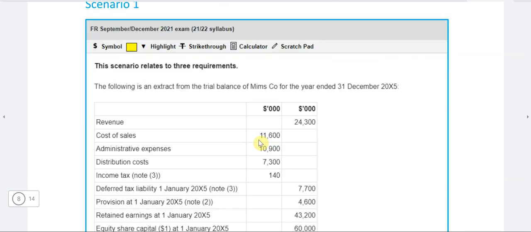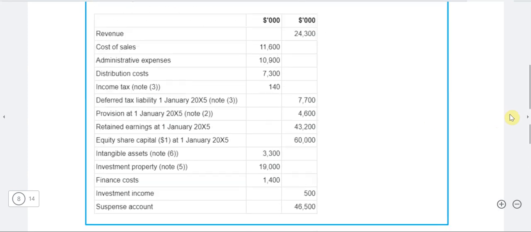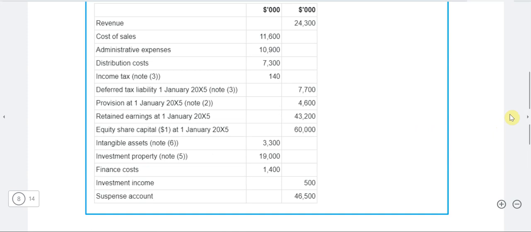So let's go to the question. The following is an extract from the trial balance of MIMS company for the year ended 31st December 20x5. Read it and see what information exactly you have within the trial balance. So you have the revenue, the sales revenue figure for the statement of profit or loss, the cost of sales, administrative expenses, distribution costs. So we know the format.